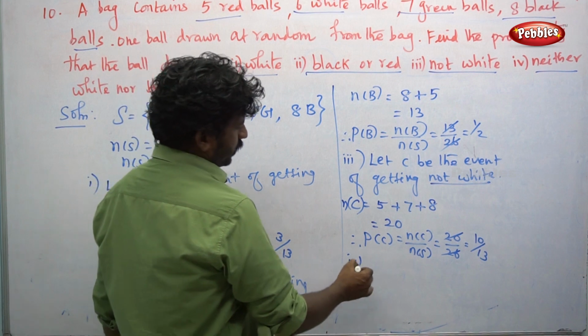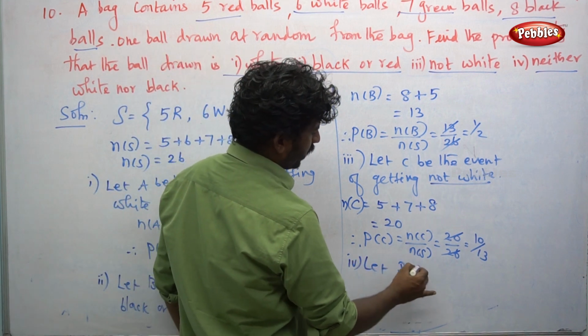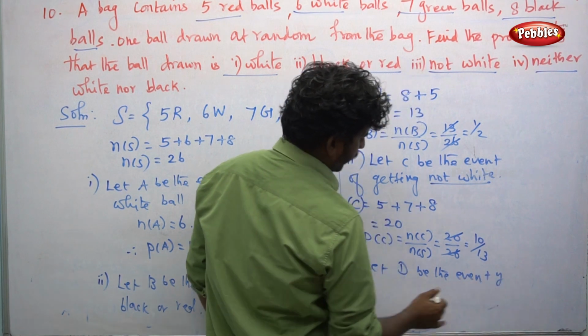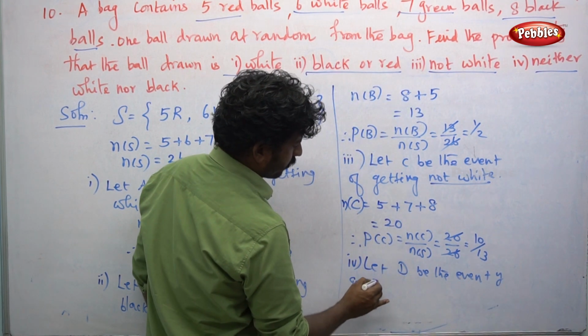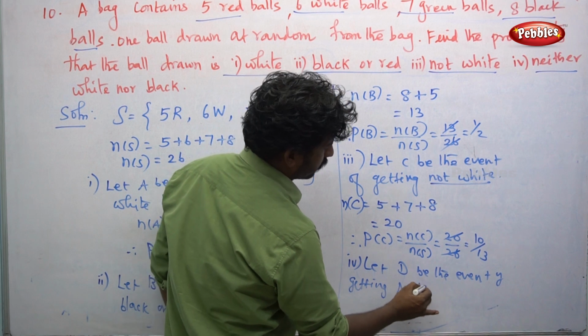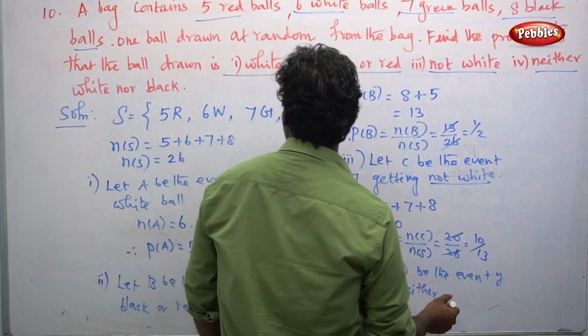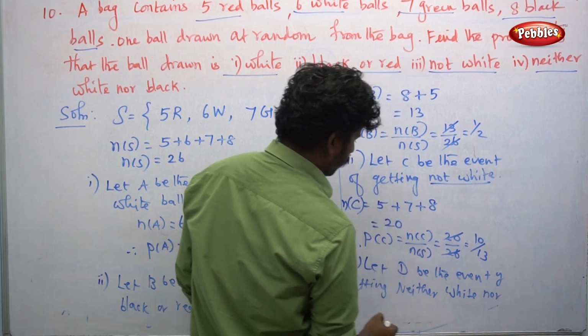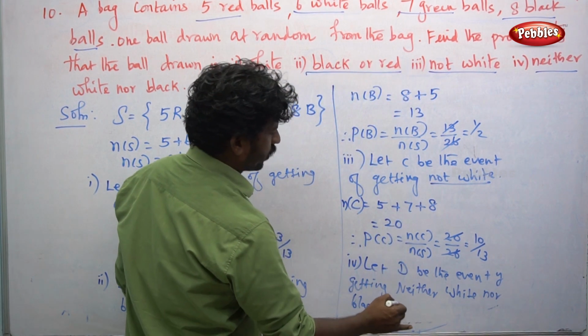The fourth point, neither white nor black. So let D be the event of getting neither white nor black. So which means what?